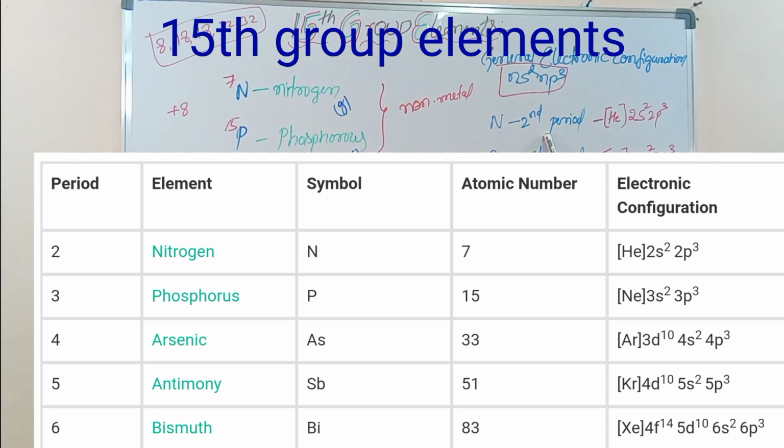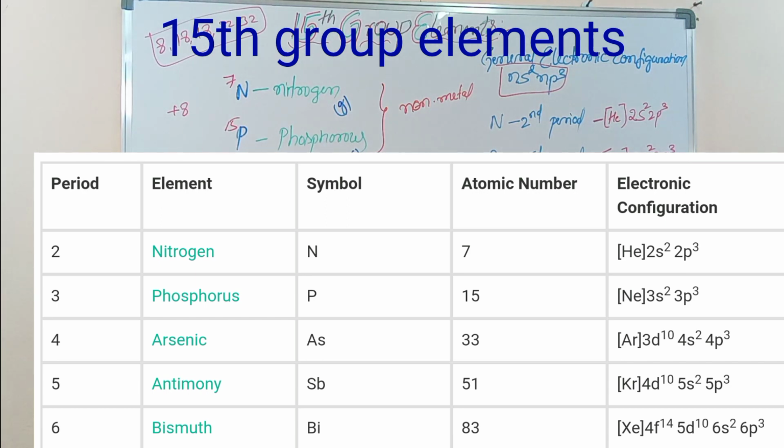Nitrogen is a second period element, so helium noble gas configuration followed by 2s2 2p3. Next phosphorus, a third period element: neon, a noble gas, followed by 3s2 3p3. Then arsenic, fourth period: argon followed by 4s2 4p3. Then antimony, fifth period: krypton followed by 5s2 5p3.